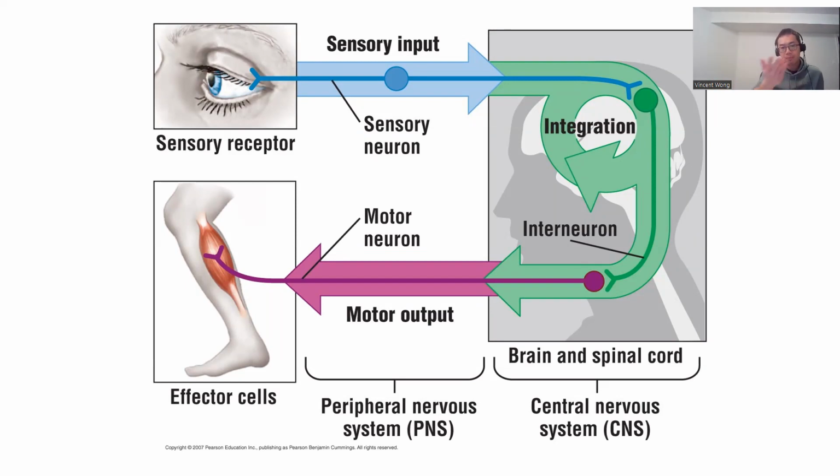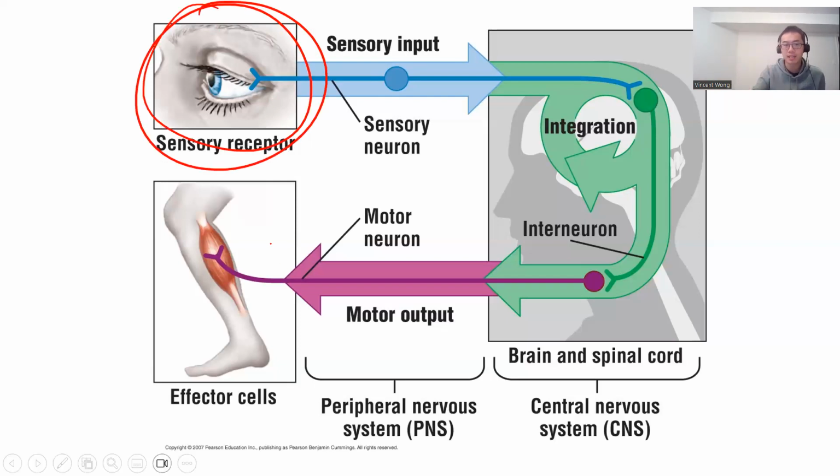So here's another example. You're driving on the road, and, like in Canada, a goose steps onto the road. You see the goose coming out. The eye is the sensory receptor here, and it sends the signal to the brain.